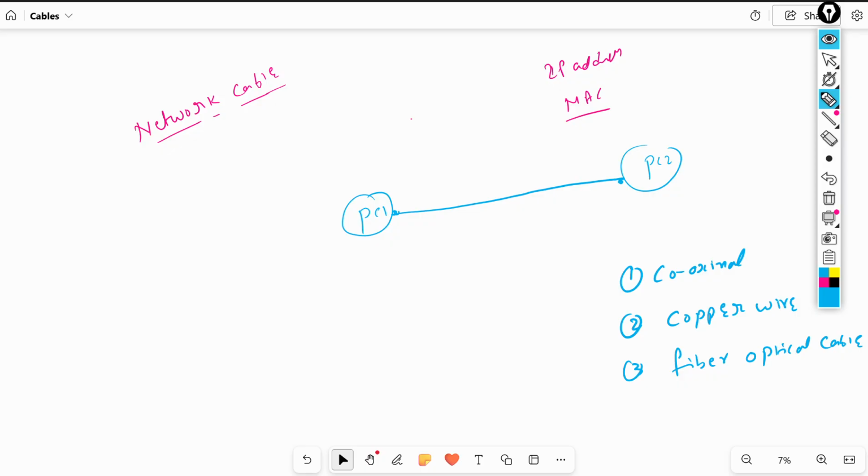Coaxial cable is not used nowadays. Just leave it, don't think about coaxial cable. And fiber optical cable is used nowadays, but it supports very long distances.